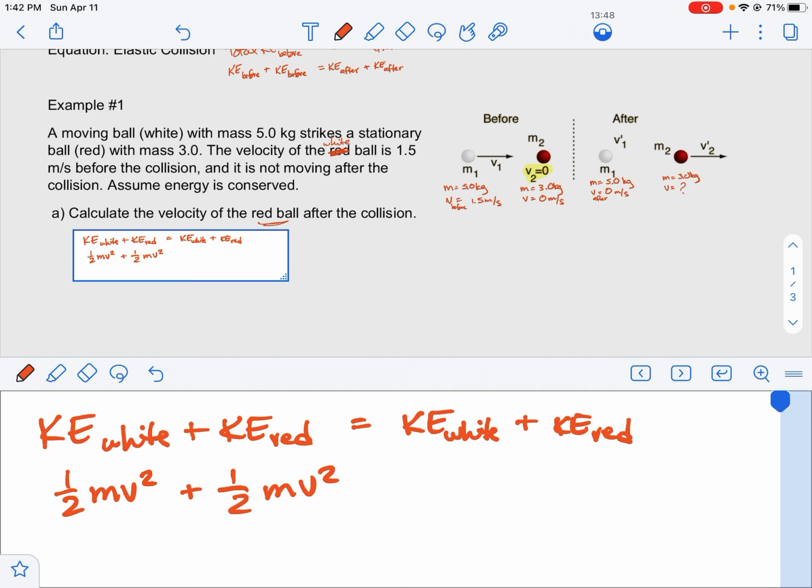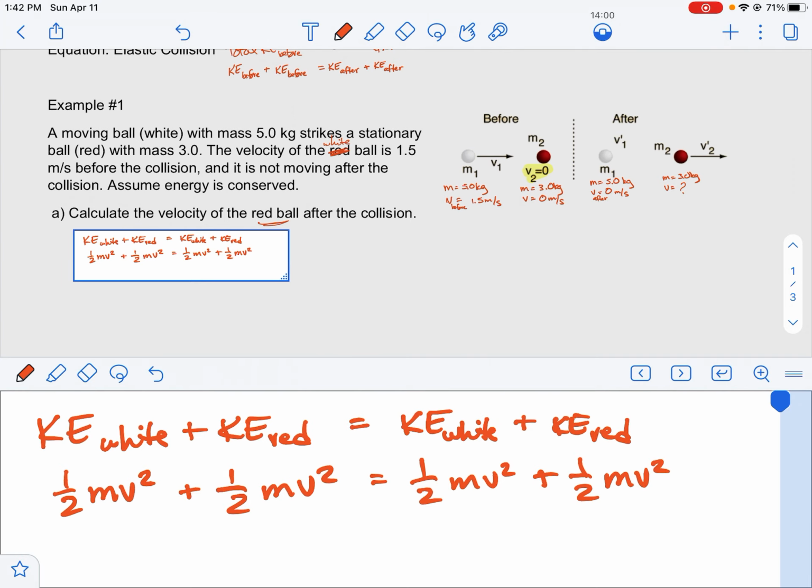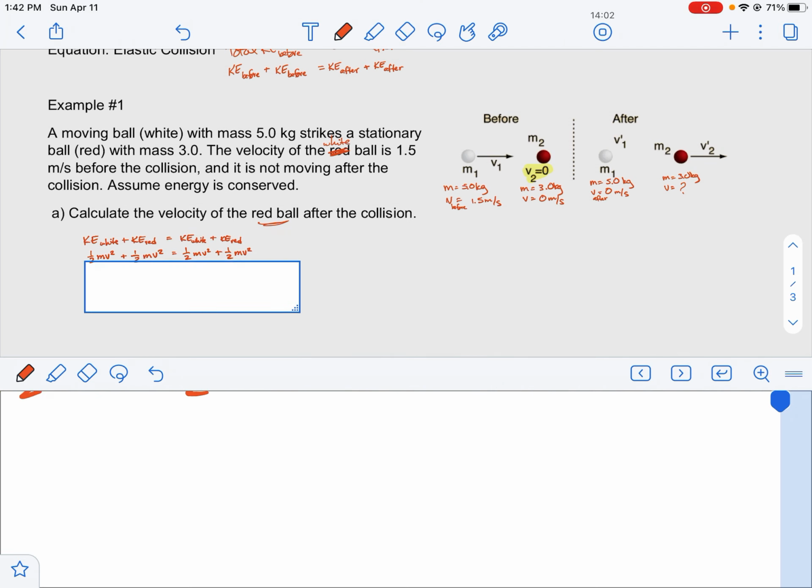squared, right? One's for the white ball and one's for the red ball, is equal to 1/2 mv squared plus 1/2 mv squared. And again, one's for the white ball and one's for the red ball. So let's go ahead and put some numbers in here.